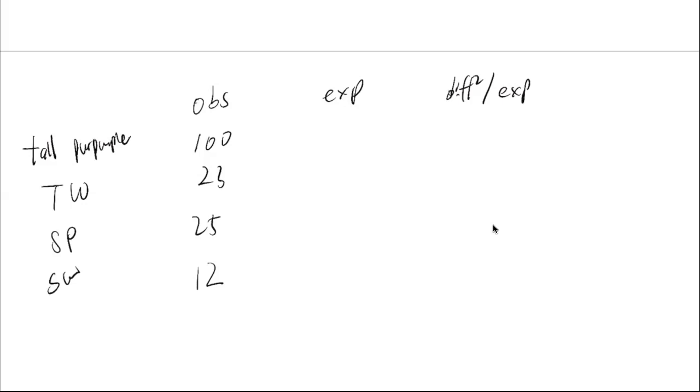So let's look at problem 4 in discussion 26. This is a very classical problem on Mendelian traits. We have the observation that we have 100 tall purple plants, 23 tall white plants, 25 short purple plants, and 12 short white plants.